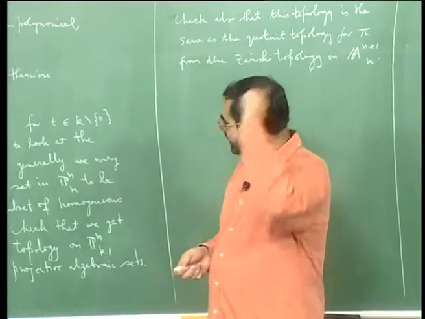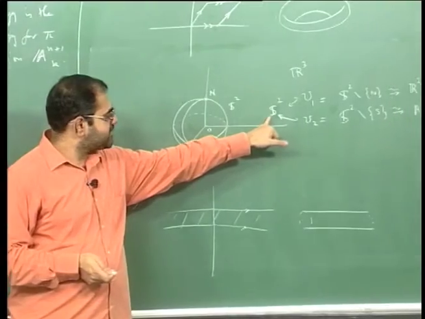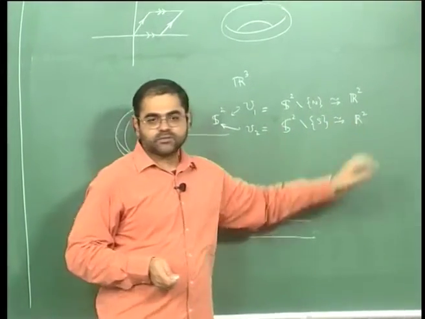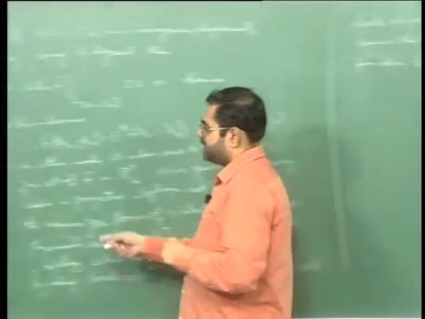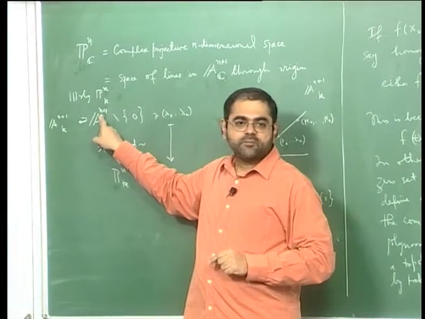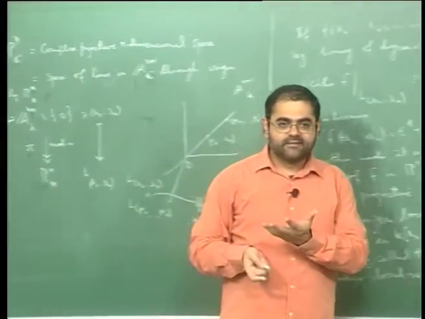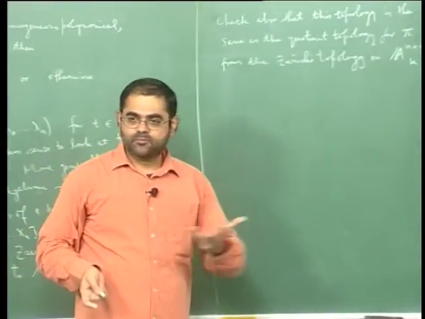And of course I also forgot to tell you, just like S2 is a union of two R2s, I will show in the next class that Pn is a union of n+1 copies of An. So the projective space is locally covered by n+1 open sets.